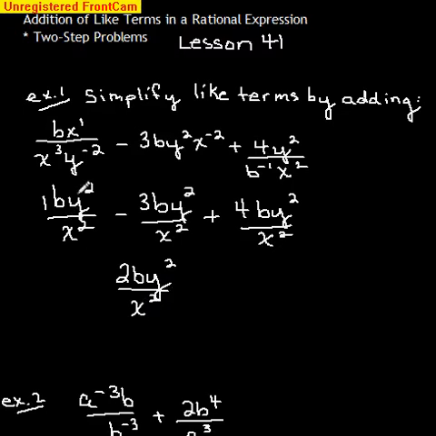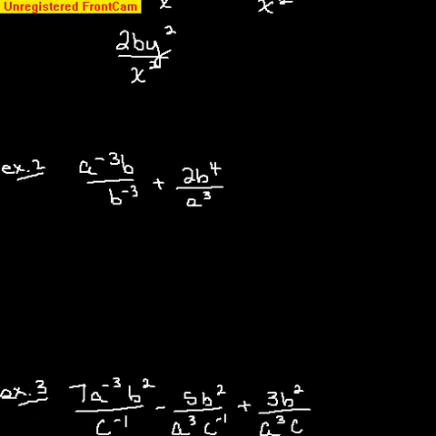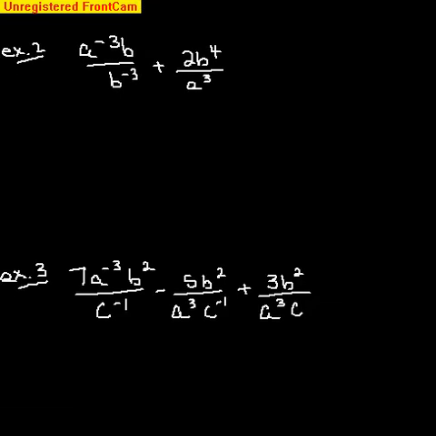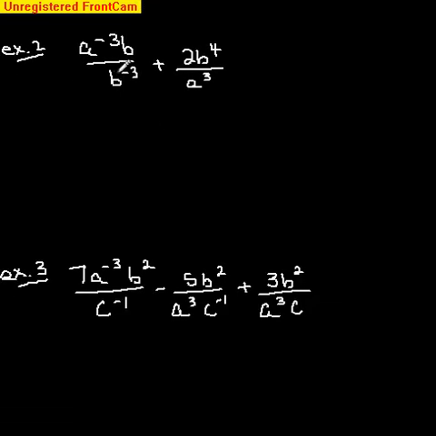So be very careful in moving them up and down and combining your variables. Let's try another one. These are a little tricky. Okay, let's do this one. We need to move our variables to make the exponent positive. So this b to the negative third needs to come to the numerator. So we have a 1 up there, so we're going to subtract a negative 3.